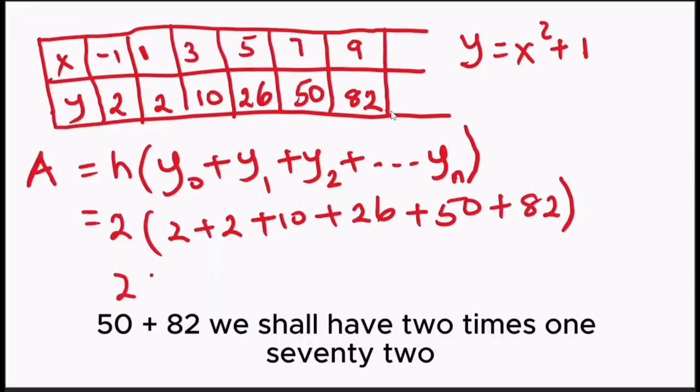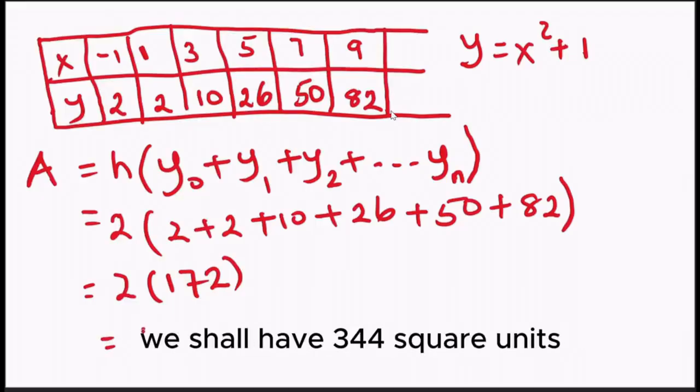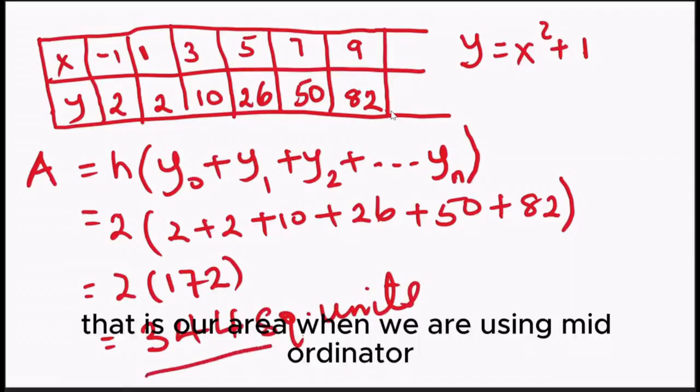We shall have 2 times 172. Finally, when we multiply 2 by 172, we shall have 344 square units.